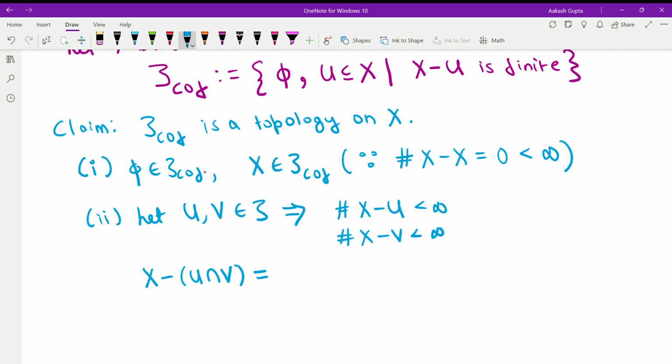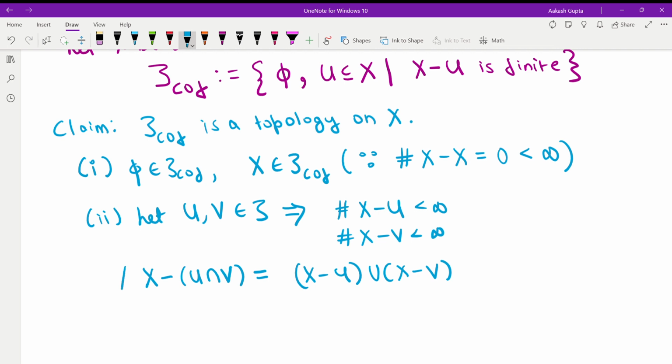It is De Morgan's law, in fact. It should be X minus U union X minus V. You can verify it, or you might have done it in real analysis. Good.